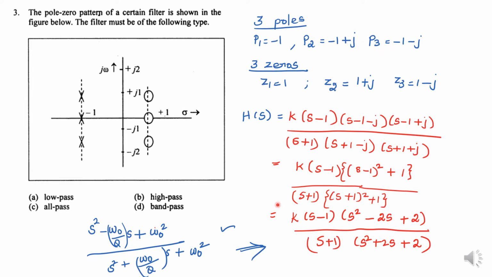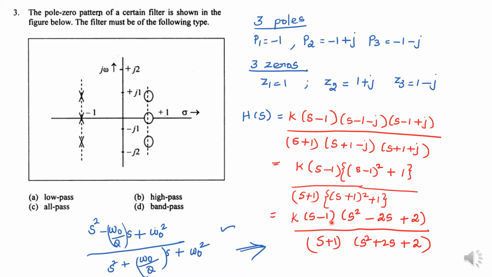Next I multiply this. Here this looks like a minus b into a plus b form, so a is S minus 1, b is j. So S minus 1 the whole square plus 1. In the denominator also, the same form: S plus 1 the whole square plus 1.